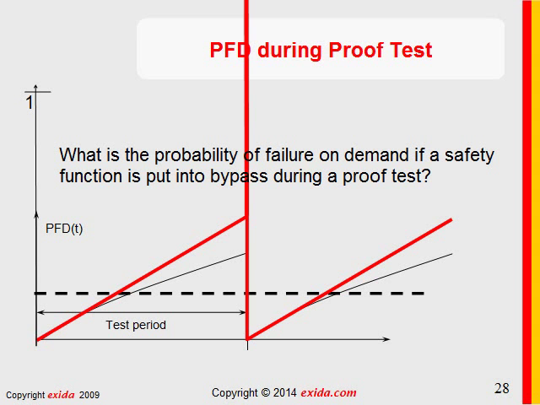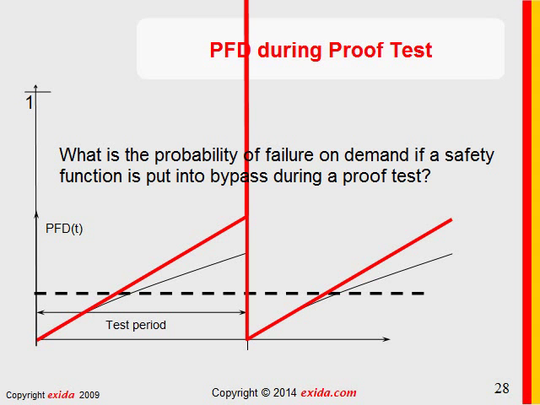So we have a function that's approximated by a linear slope and a line that goes up to 1 for the duration of the proof test, then back to 0 if we have a perfect proof test. Think about that for a minute. Many people using simplified equations decrease the proof test interval. I've seen them as short as 1 month.